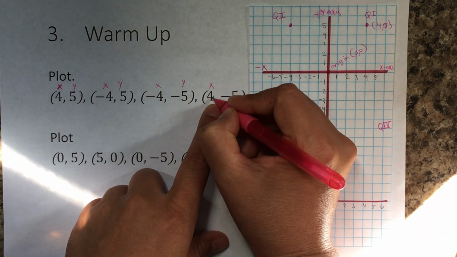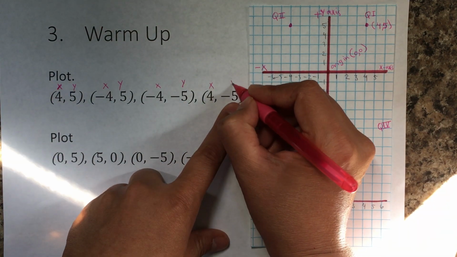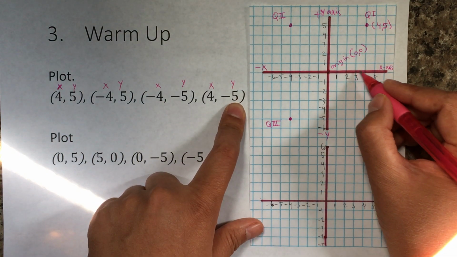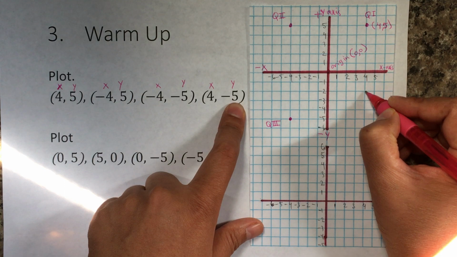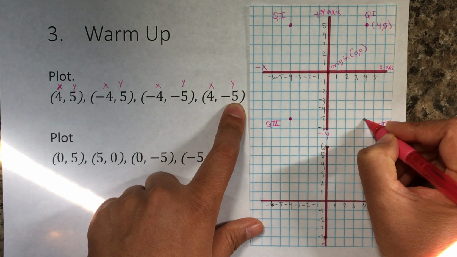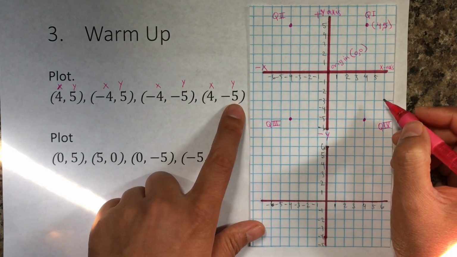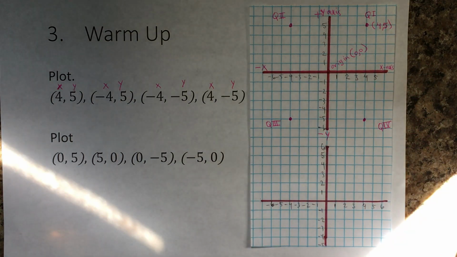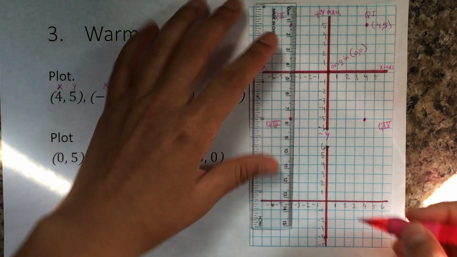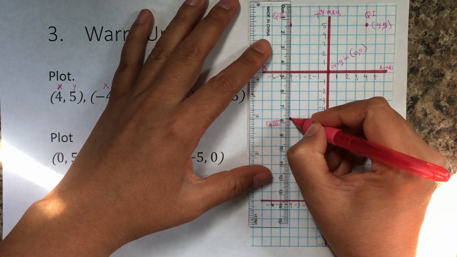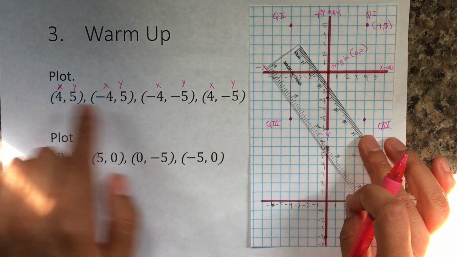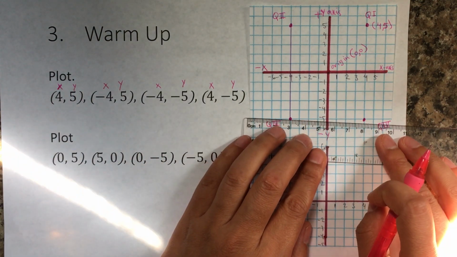And finally, positive 4 for X, negative 5 for Y. So it's 1, 2, 3, 4. 1, 2, 3, 4, 5. Since it's negative, we go down. Okay. And after that, in some tests, they will ask you what shape the following points form.